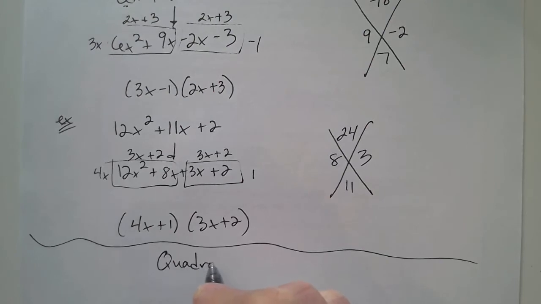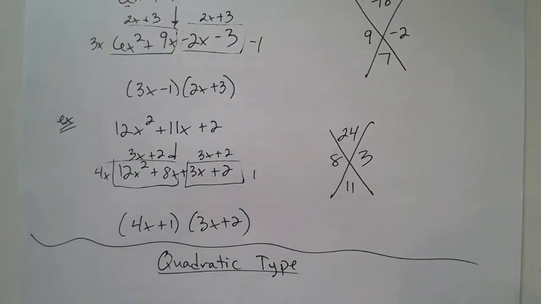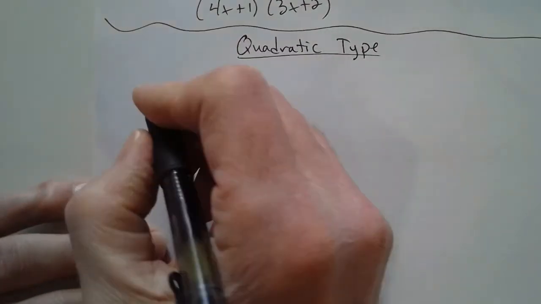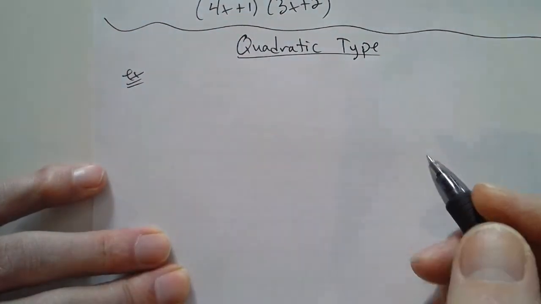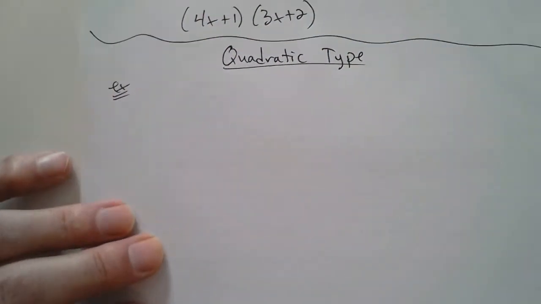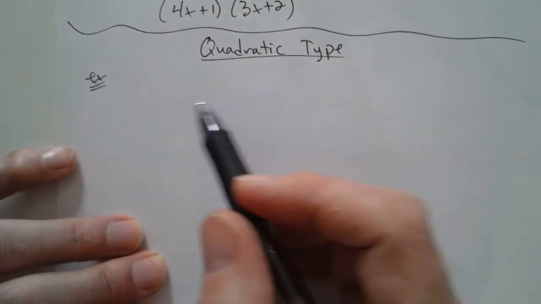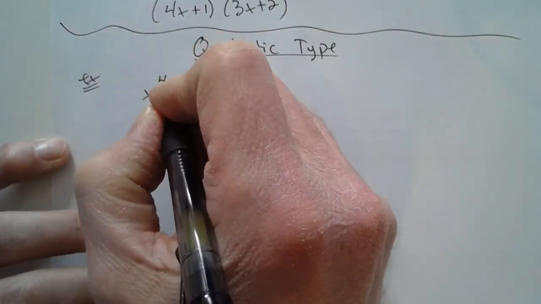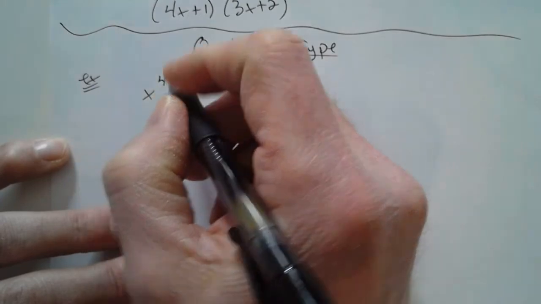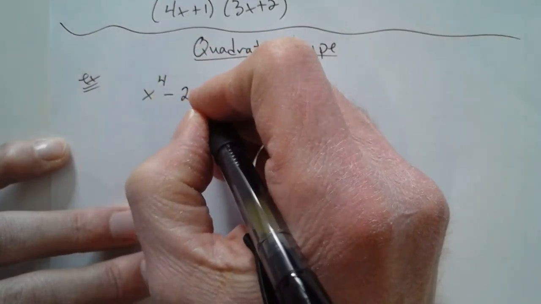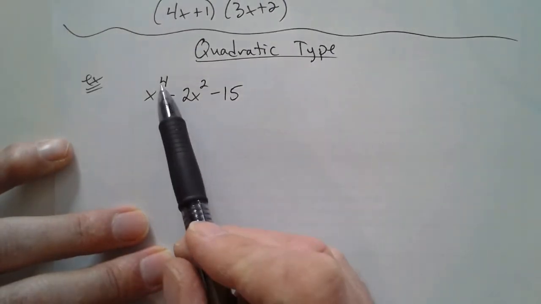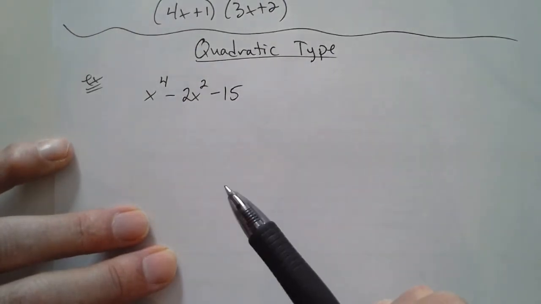Quadratic type. You won't see a lot of these right away in Chapter 7 either. Quadratic type is where it resembles a quadratic expression, but it isn't quite a quadratic expression. So if you had like x to the 4th minus 2x squared minus 15. Okay, so that's not a quadratic because it's a 4th degree polynomial.